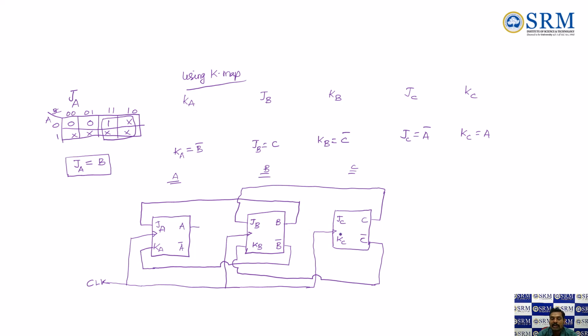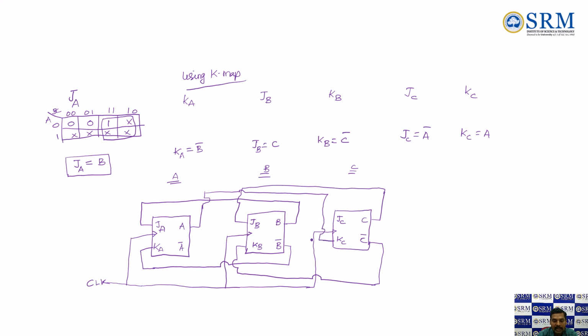Right, then JC is equal to A bar, KC is equal to A.